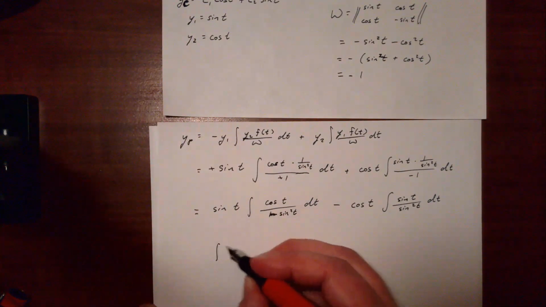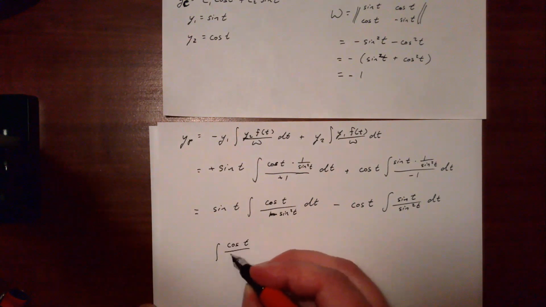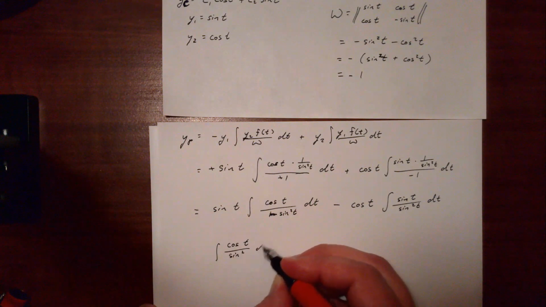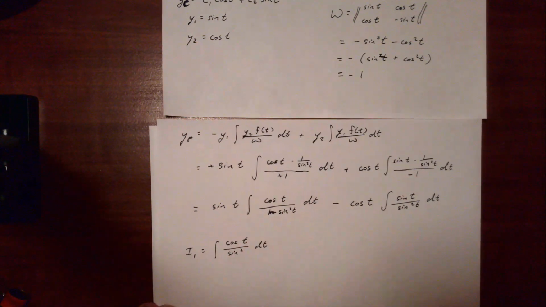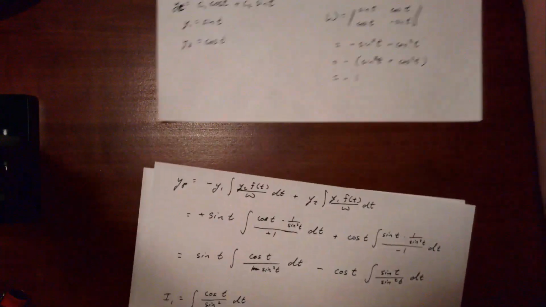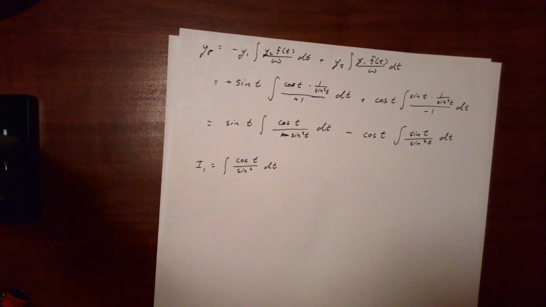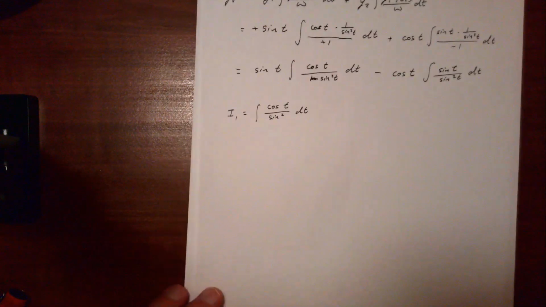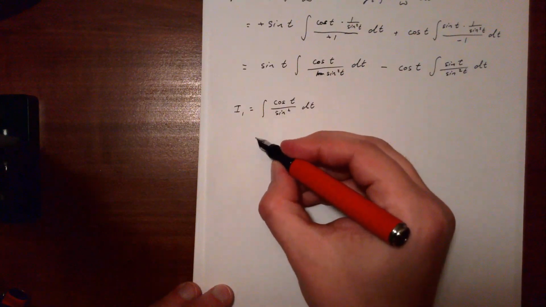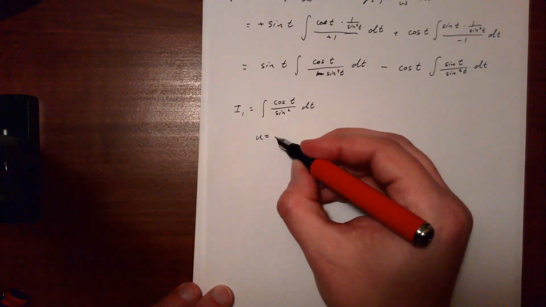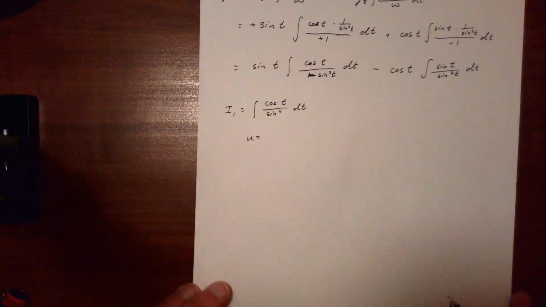So the integral of cosine t over sine squared t dt. I'll just call this integral number 1. So here, if I want to evaluate this one, I'm probably going to want to take a u substitution, and this u has nothing to do with any previous u1s, u2s, things like that.